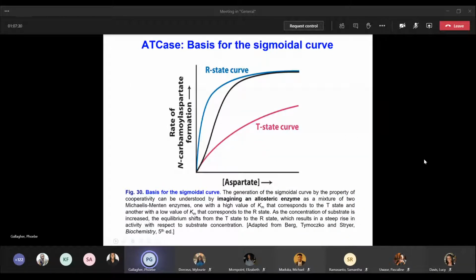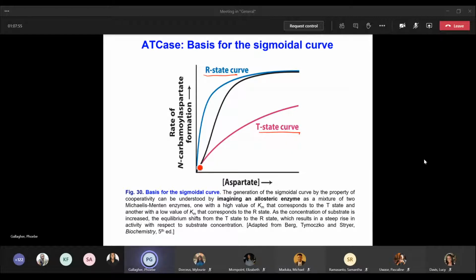So here she's just kind of showing you how it's kind of a hybrid. So allosteric regulators are kind of a hybrid of the R state and the T state. So in this case, you have your R state, which means that your affinity for the substrate is really high.